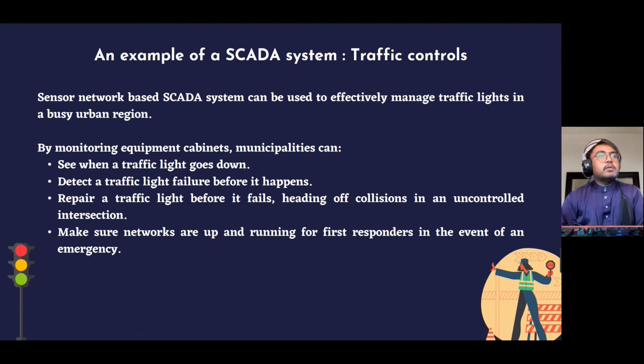By monitoring equipment cabinets, municipalities can see when a traffic light goes down, detect a traffic light failure before it happens, repair a traffic light before it fails, heading off collisions at uncontrolled intersections, and lastly, make sure the network is up and running for first responders in the event of an emergency, such as when there is a weather control or an ambulance that wants to use the roads.